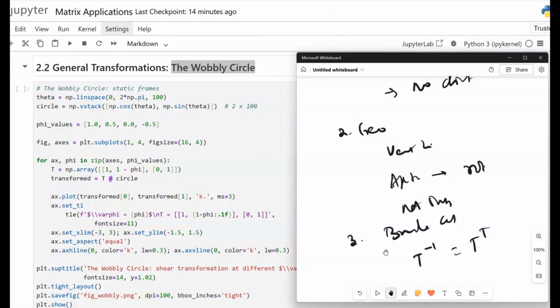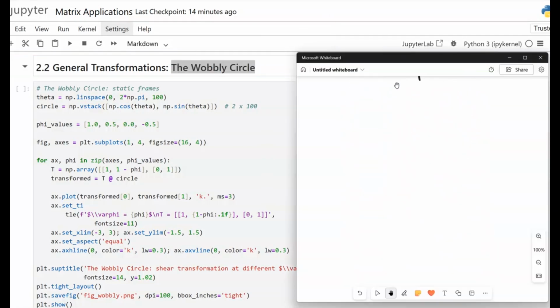The exact matrix is specified as T of pi, equal to the matrix with first row 1, 1 minus pi, and second row 0 and 1. The diagonal elements scale the axes, both 1 here, so no scaling.